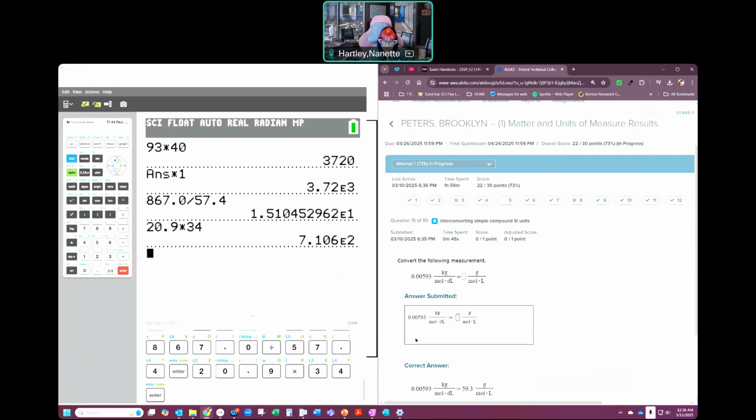So working that happy math, 59.3. Yep. That's exactly what they say. Again, 2 different conversions for that. It's exactly how it would set that up.